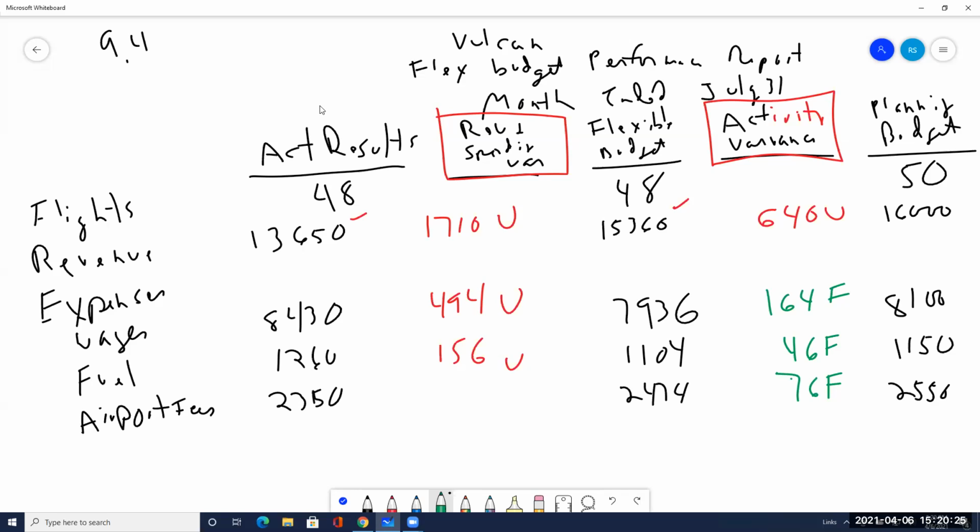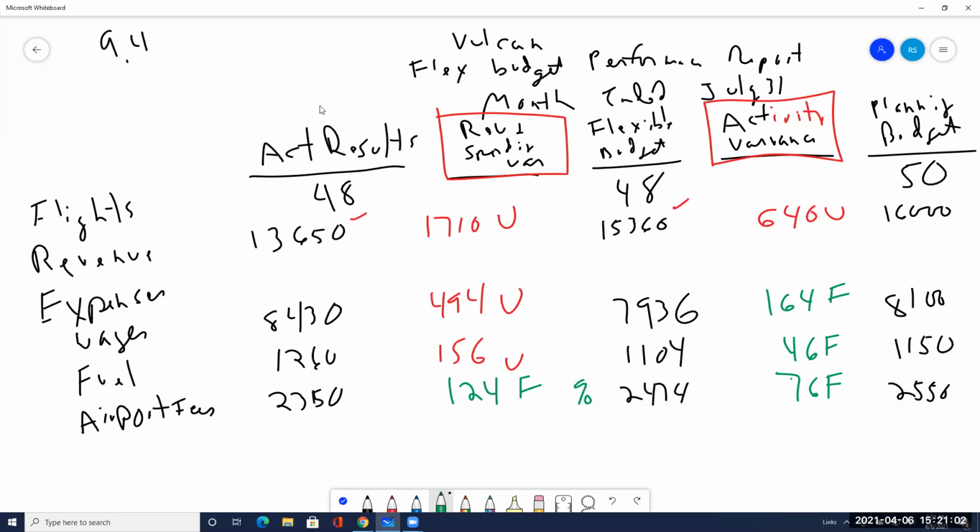And $24.74 versus $23.50 is $124, and that's favorable. Now, 124 bucks, it's not that big. It's also not big as a percentage. So I would probably ignore that one. It's a lot less than the 156 on 1,260. It's a lot less than the fuel as a percentage. So that one I'd be less concerned about.